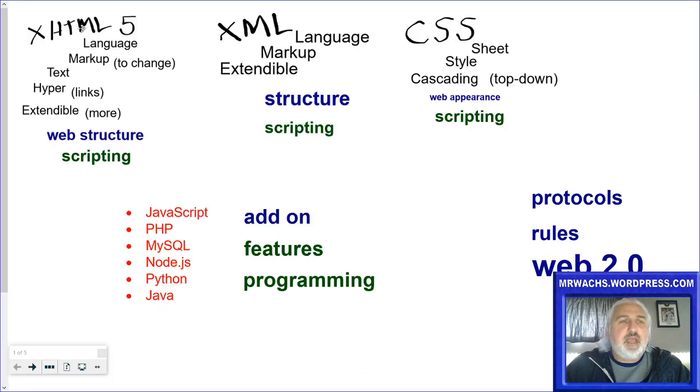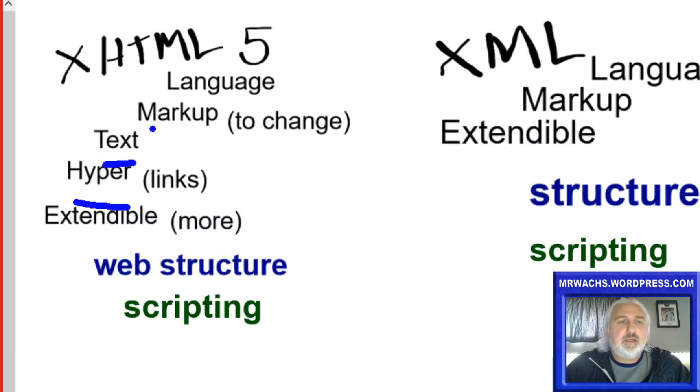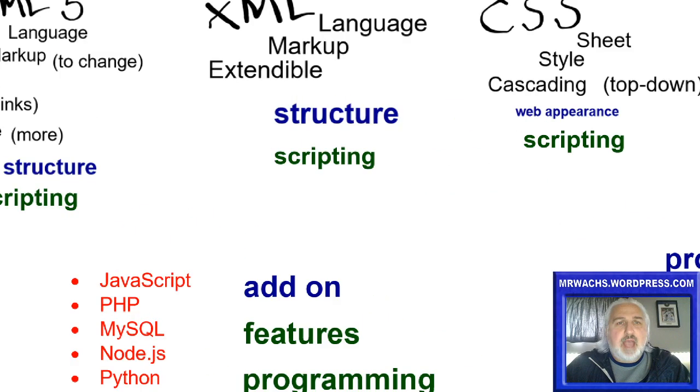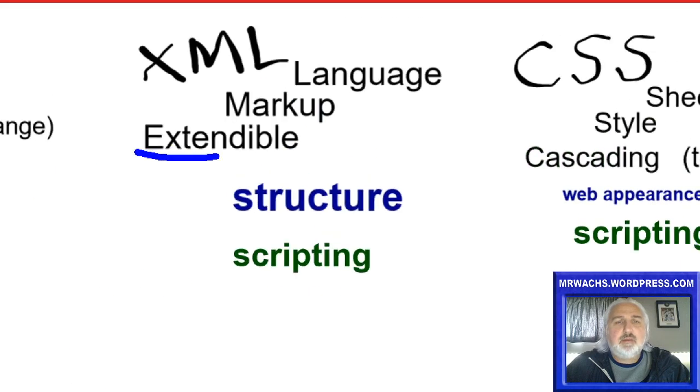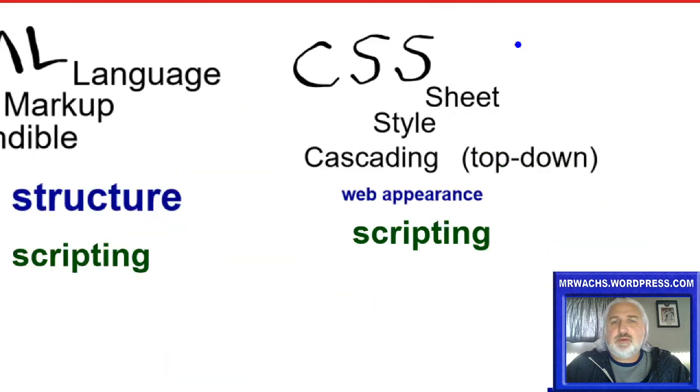This idea of HTML, leading to XHTML. HTML stands for Hypertext Markup Language, and the X stands for extendable, so it's just a little bit further along. XML, extendable markup language, sort of takes the hyper out of it, and CSS, which we're going to get to mostly today, Cascading Stylesheet.